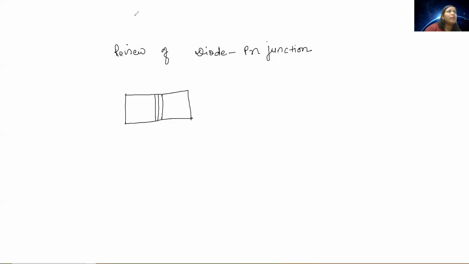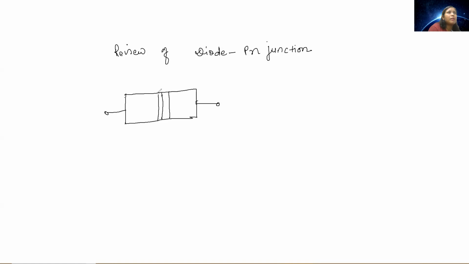Let me make it a little broader. Trying to show you p-n junction.